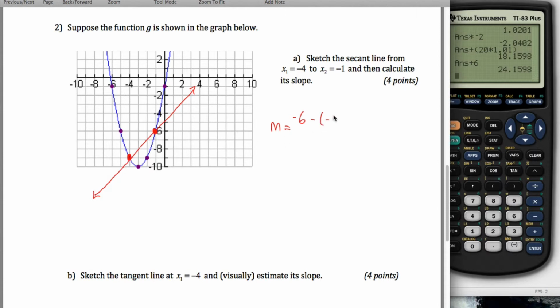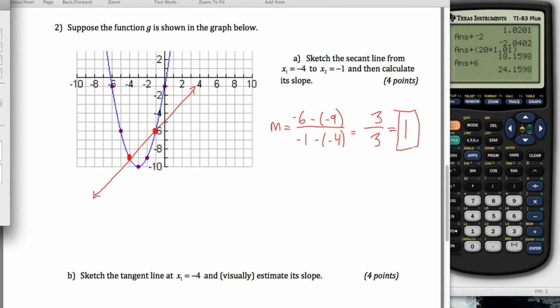Minus -9, divided by x2, -1 minus x1, -4. -6 minus -9 is the same as -6 plus 9, which is 3. -1 minus -4 is the same as -1 plus 4. Turns out that's also 3. Slope of this line is 1. Yeah, that seems reasonable. It looks like every time I go up 1, I go over 1. Cool. Calculate the slope of the secant line.